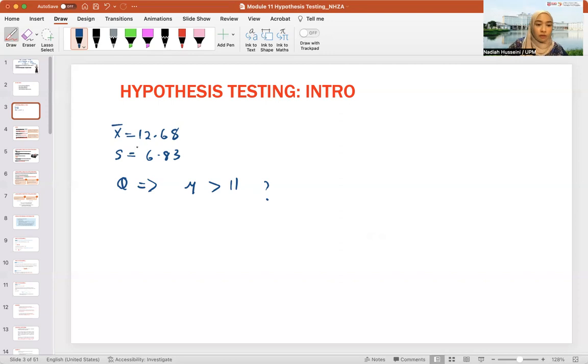But you have your uncertainty here. What does that uncertainty mean? Uncertainty means that your data is going to be spread out from the mean. So if your mean is here, it is spread out, which means that it could be anywhere within that standard deviation. So it could be greater than 11 or it could be less than 11.